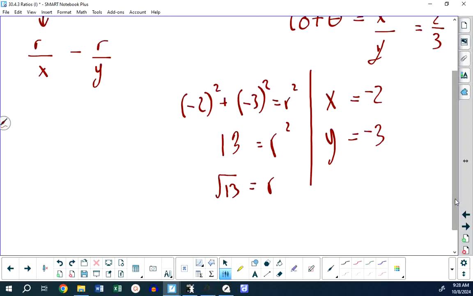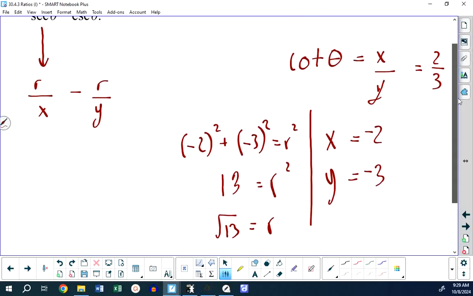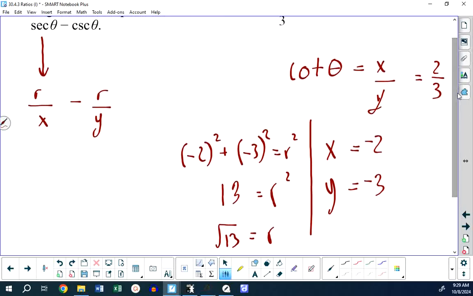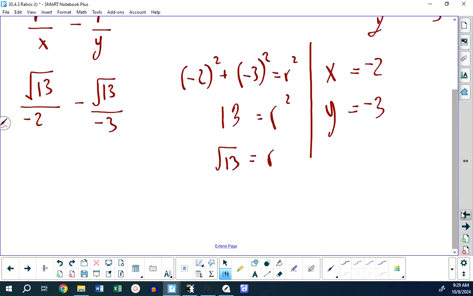That means the thing we are after will be root 13 over negative 2 minus root 13 over negative 3. And we have a little bit of arithmetic to do here, numerical math. First things first.